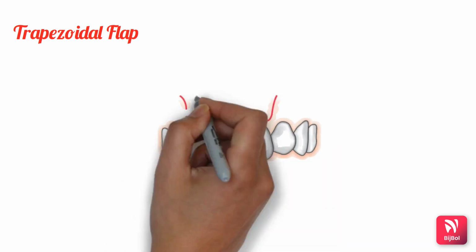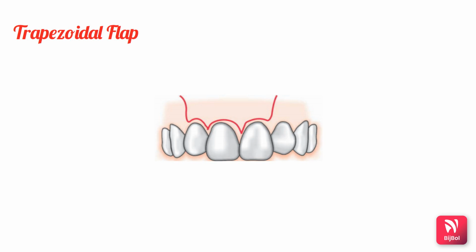Coming to the trapezoidal flap, it was described by Newman and Iken. It is formed by two releasing incisions which join a horizontal intrasulcular incision at obtuse angles. One of the disadvantages of this flap is that wound healing by secondary intention may occur, and pocketing or clefting of the soft tissue may result in compromise of the blood supply.